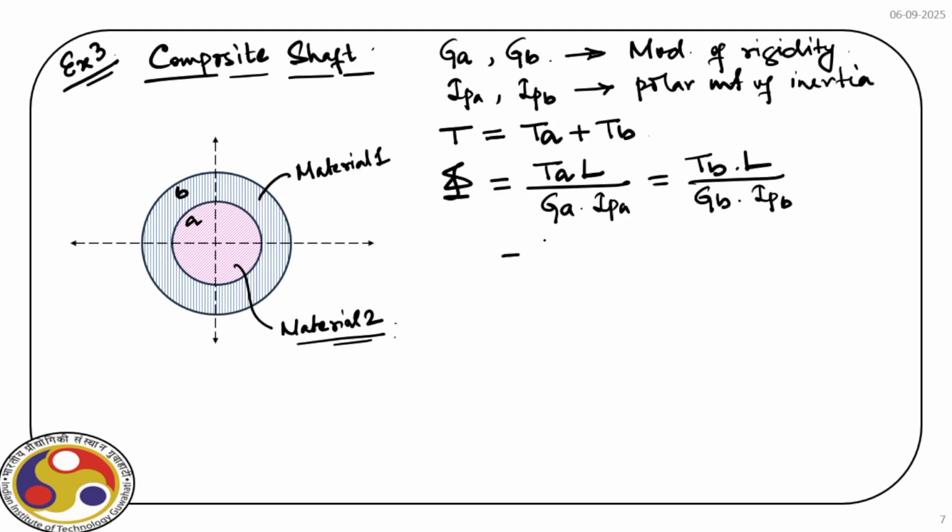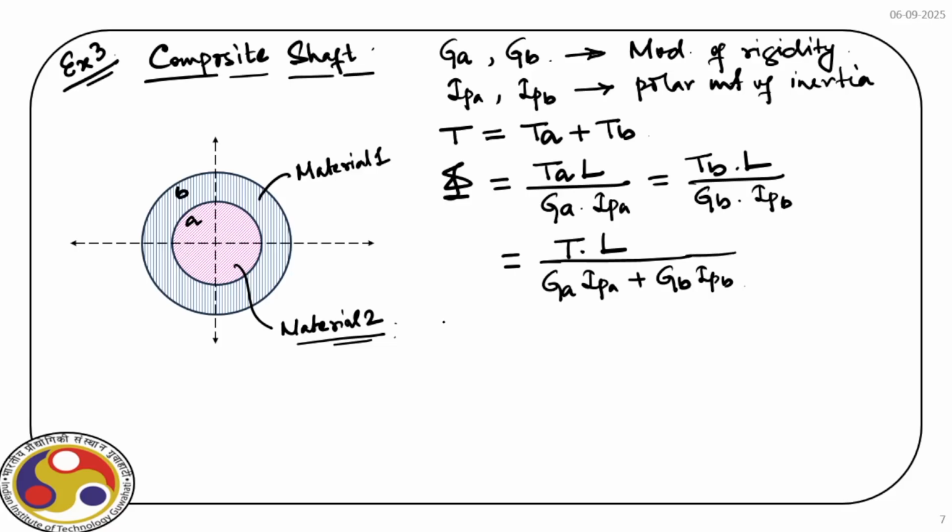Now, for the complete shaft, phi is equal to T times L divided by GA IPA plus GB IPB, right?